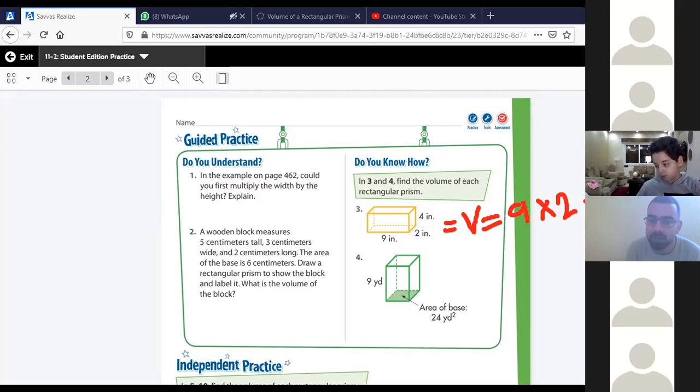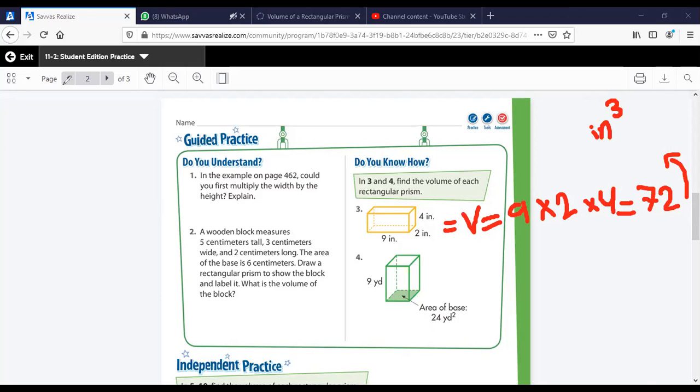What is the V? Why did we put V? V means the volume. That means the volume equals this thing. Okay?